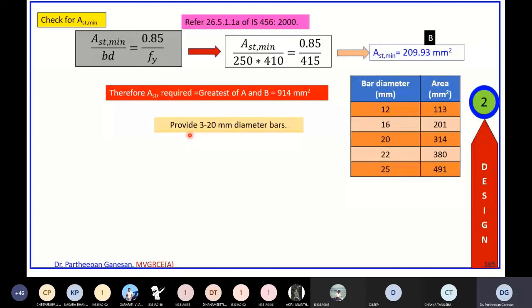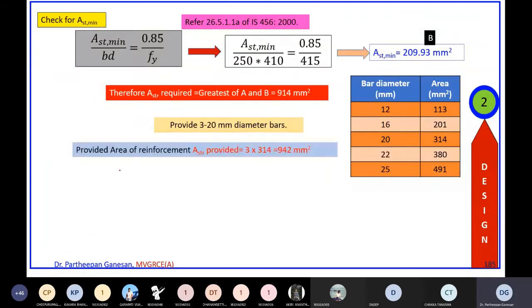Or you can find the number of 20 mm bars as total area required, AST required, divided by area of 1 bar, 314. So 914 divided by 314 will come 2.8 or 9. Obviously you have to round up, so provide 3 numbers.